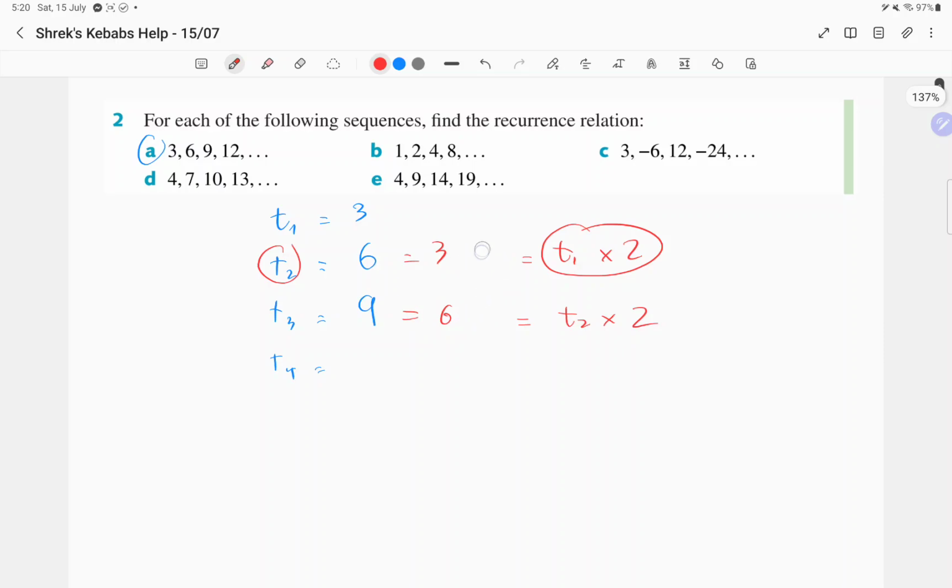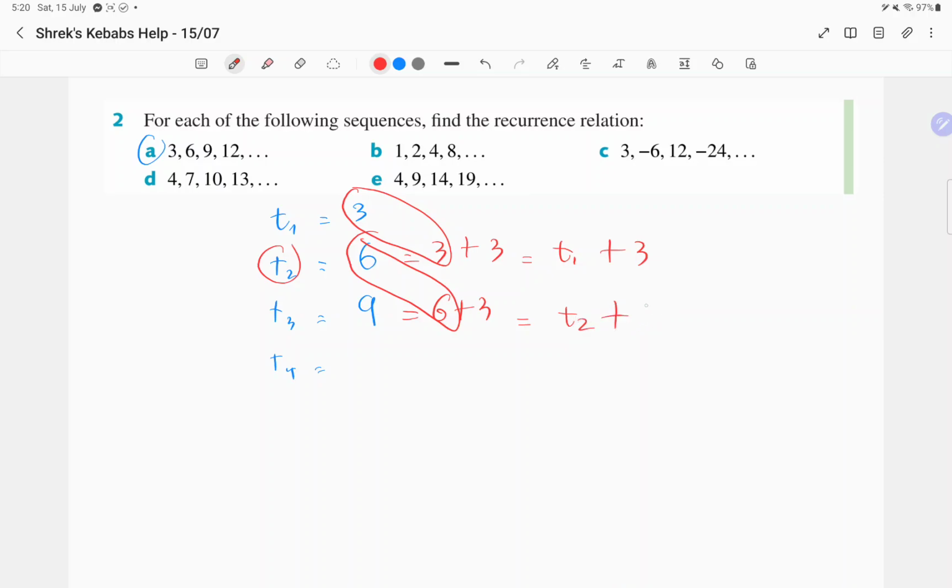Of course, if you recognize straight away that term 2 is the same as term 1, which is 3, plus another 3, then you will see that the pattern applies. So this one would be 6 plus 3, based on the previous term. So just adding 3 to the previous term, so it'll be term 2 plus 3.